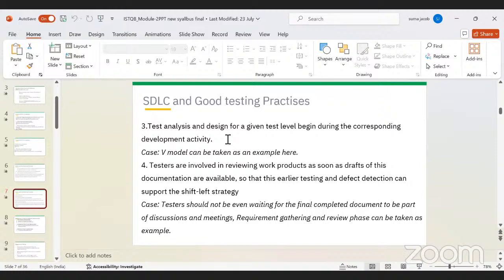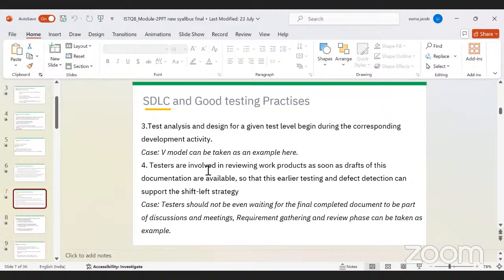So test analysis and design for a given level should begin during the corresponding development activity. We should not wait for the development activity to complete, and only then begin test analysis and design. It should happen during the corresponding development activity itself.